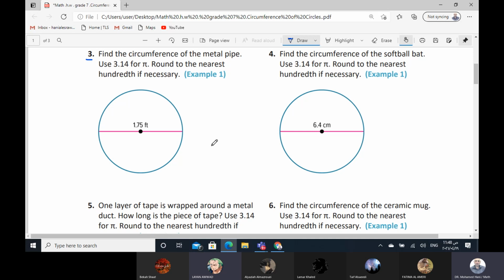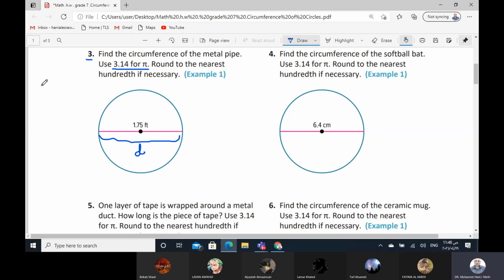Find the circumference of the metal pipe. Use 3.14 for pi. Round to the nearest hundredth if necessary. Great, thank you. So as you see, we have the diameter 1.75, and we know the pi, and we want to find the circumference.